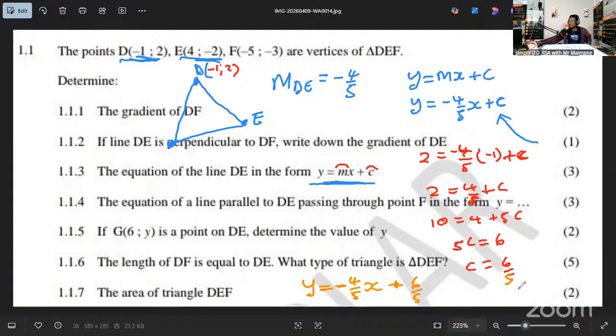If you don't like the equation when it's like that, you can multiply by 5 throughout, but no, don't, because they said you must write it in this form. Exactly. y is equals to mx plus c. So you just have to put m where there's m and c where there's c, which you calculated yourself. So you leave it like that. That's how you get your 3 marks. Straight to point.